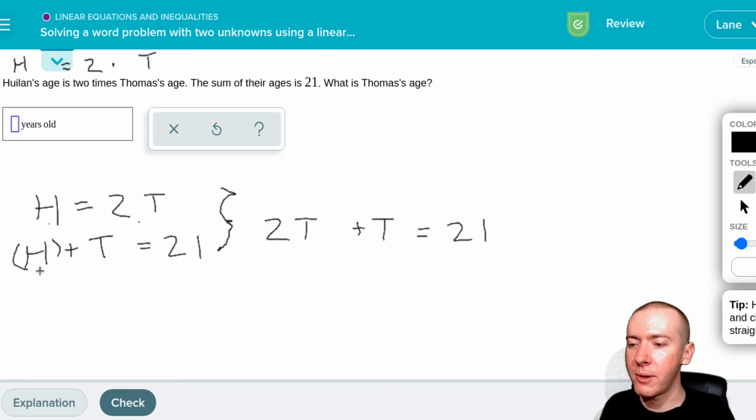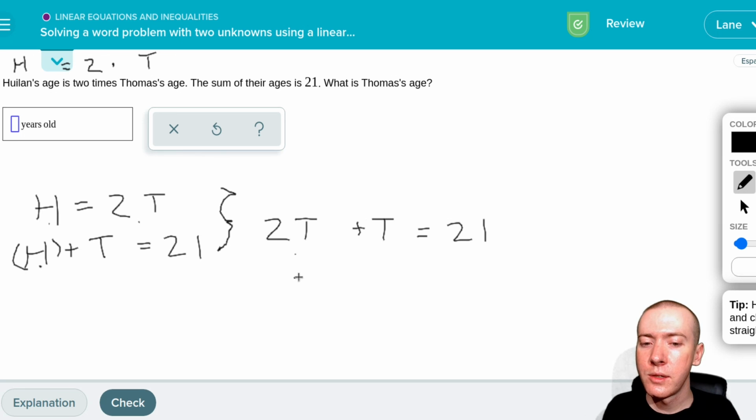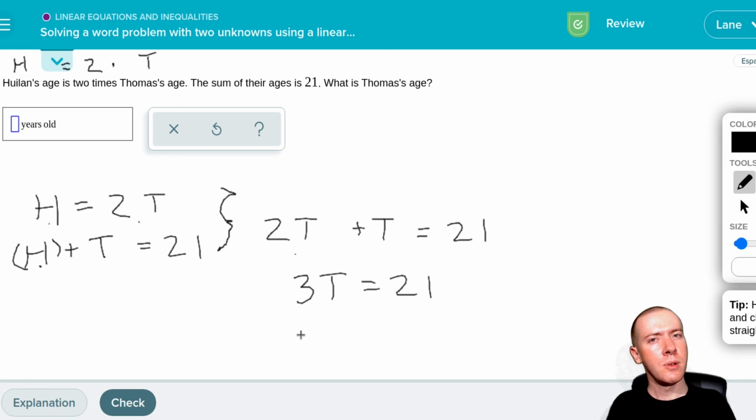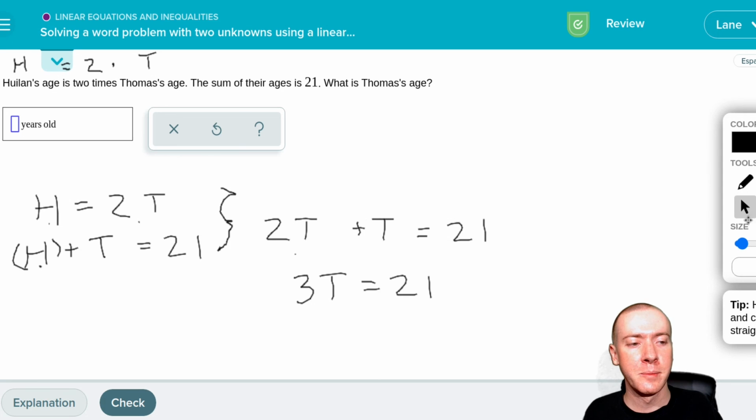So I hope you see how I replace the H by 2T. Now on the left-hand side, we can add these two together. 2T plus T, that's 3T. 3T equals 21. What is T? It must be 7, right? Because 3 times 7 is 21. So Thomas's age is 7.